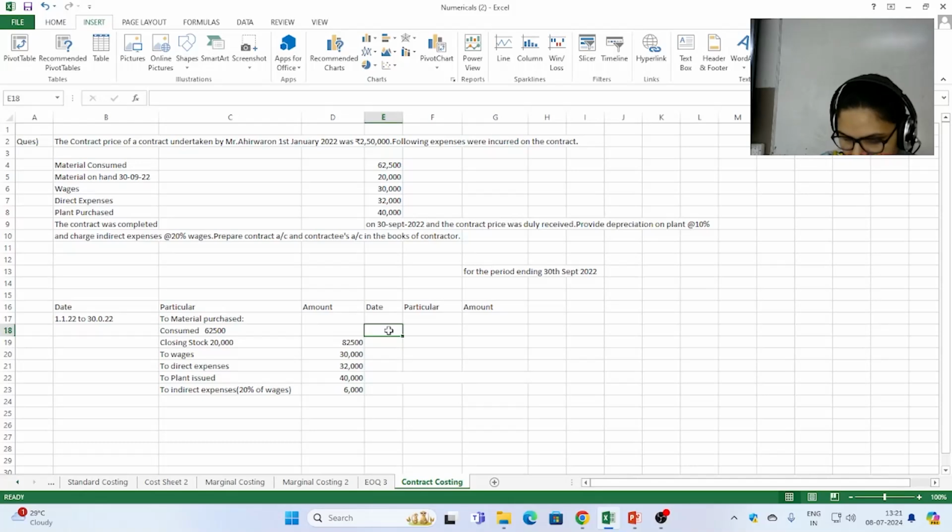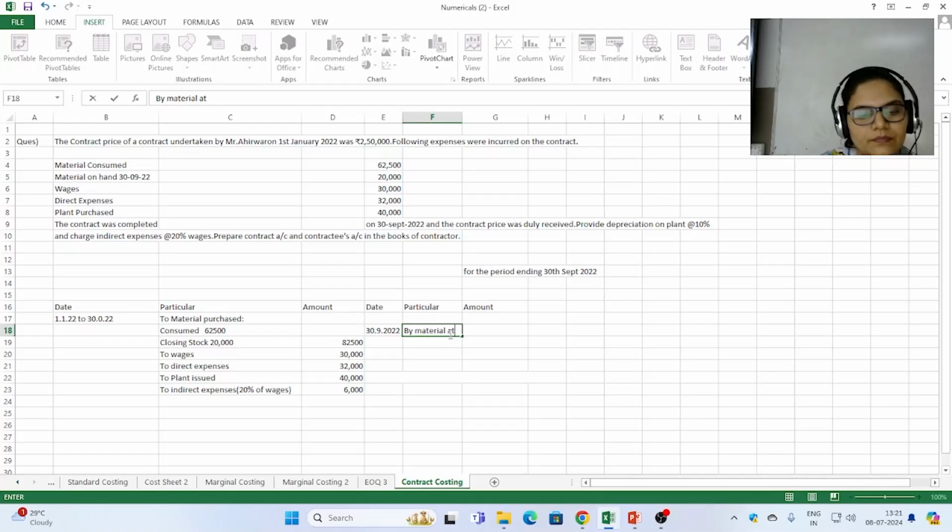Next is your credit side. First of all, date will be 30.9.2022 as it is a closing date. We will record by material at site. By material at site, 20,000.